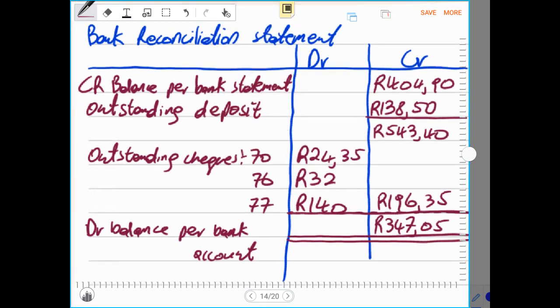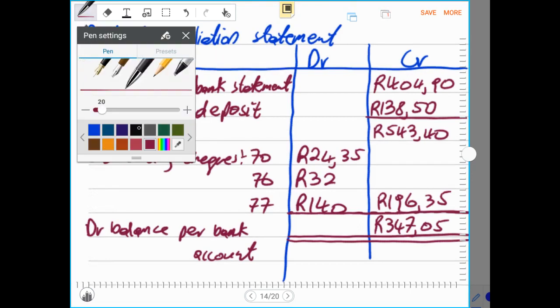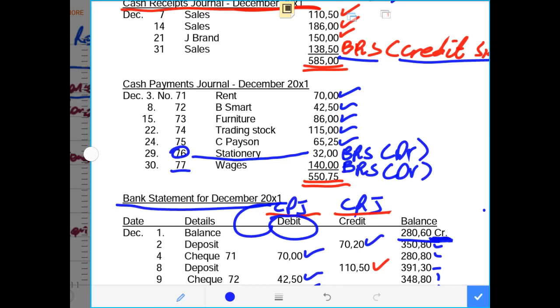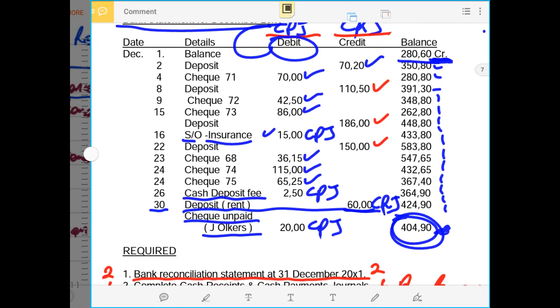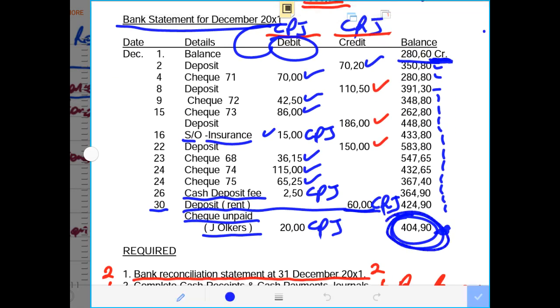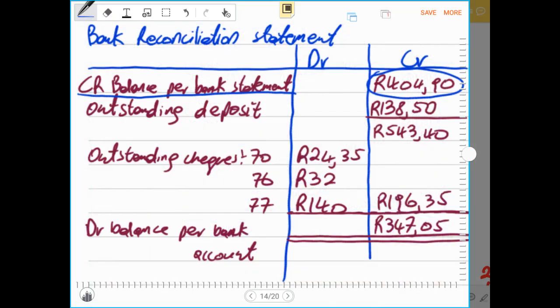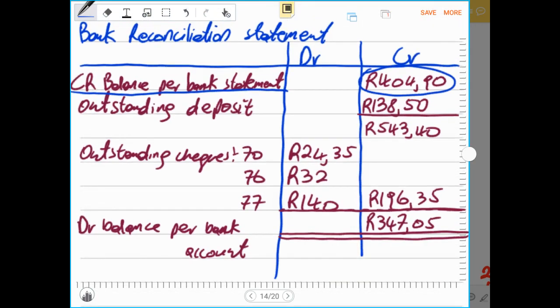And I want you to be mindful of the wording. It is very important that in the beginning you say, if it's a credit balance per bank statement. Why? Because this figure was taken from the bank statement. We took the balance of the bank statement at the end, the 404 here at the bottom. So it's per bank statement. But the closing balance should be equal to the bank account.